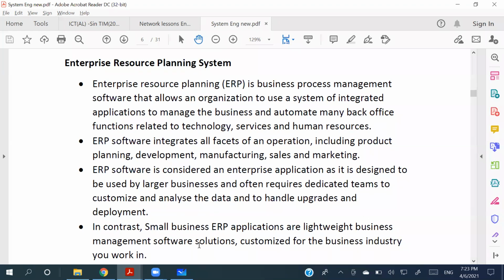Because whether the business is small or big, the functions are the same. If a big business does the purchases, the small business is going to do the purchases as well. A big business does sales, and the small business is going to do the sales as well.